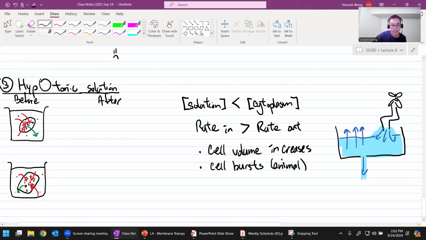How come the plant cells don't burst? Is it because of the cell wall? Excellent, because of the cell wall. So this one is going to get too big, and then it's going to burst. Lysis, that's the fancy word for breaking, for bursting.